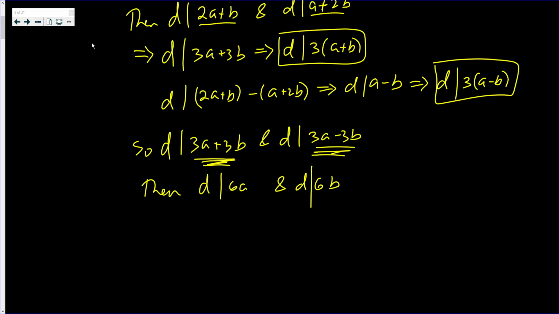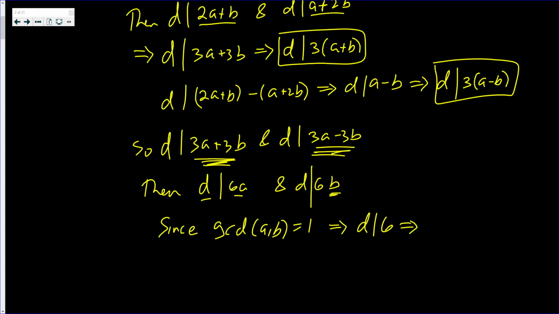Now, can D go into A? Yes, it can. But it won't go into B. A and B don't have common divisors. Since the GCD of A and B is 1, that implies D must go into the 6.